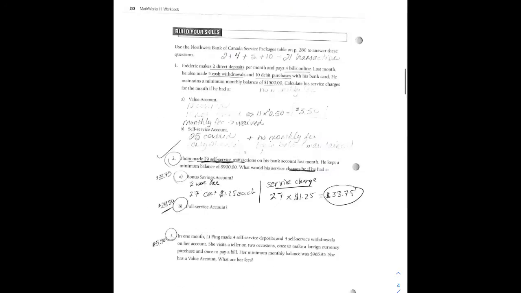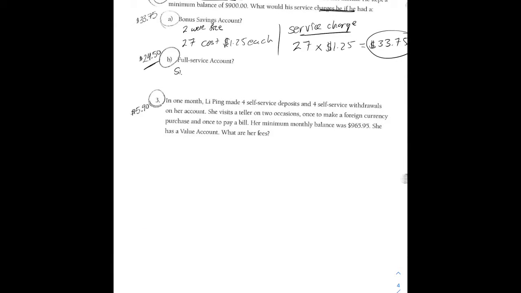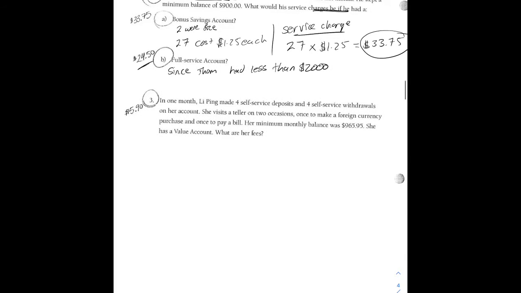Since Tom had less than $2,000, he will pay a monthly fee of $24.50.